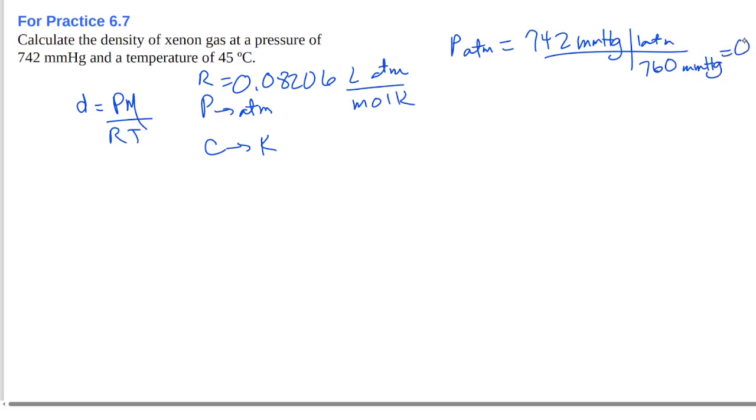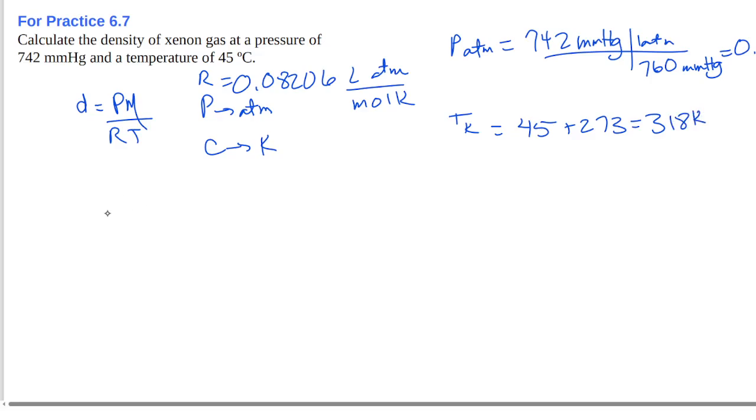So that gives us 0.97631 atmospheres. All right. Next, our temperature in Kelvin is equal to our temperature in degrees C plus 273, which is equal to 318 Kelvin.